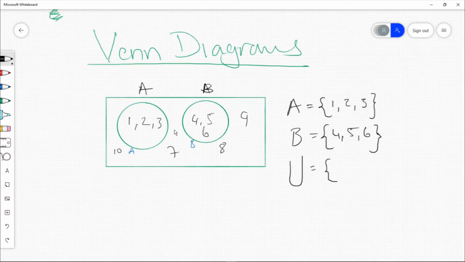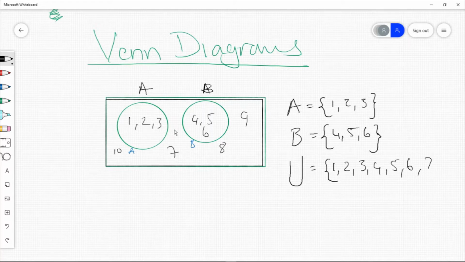The universal set is this whole rectangle, so everything inside the rectangle will include 1 2 3 4 5 6 7 8 9.